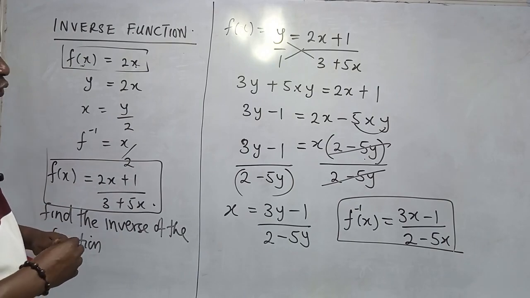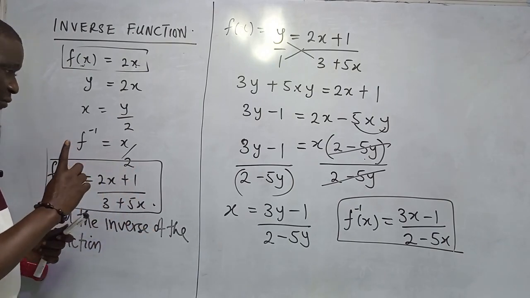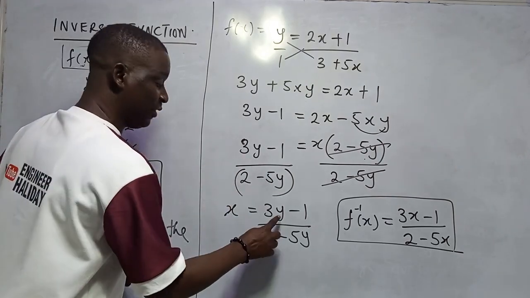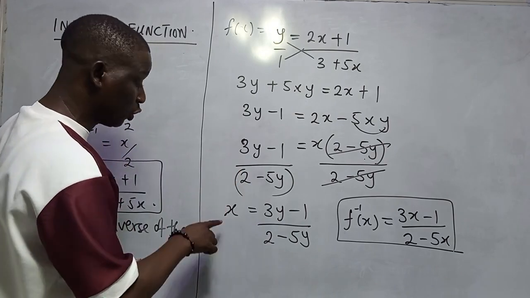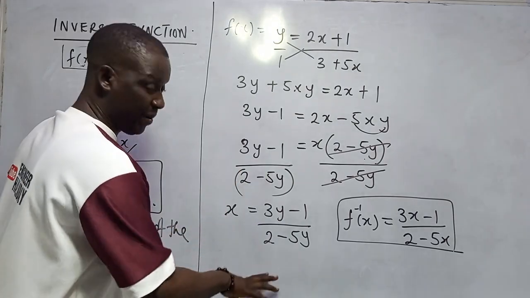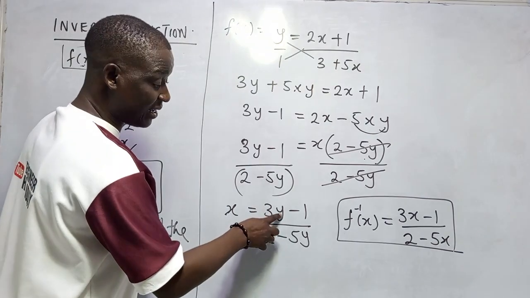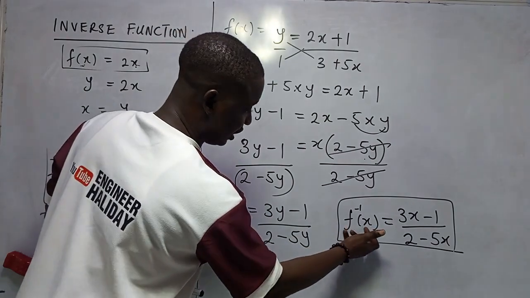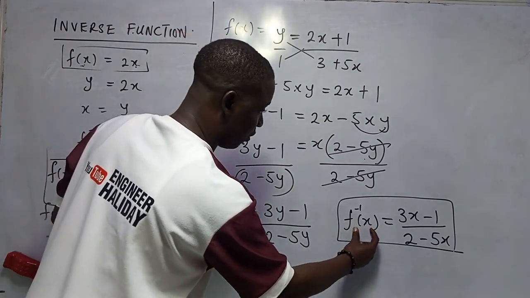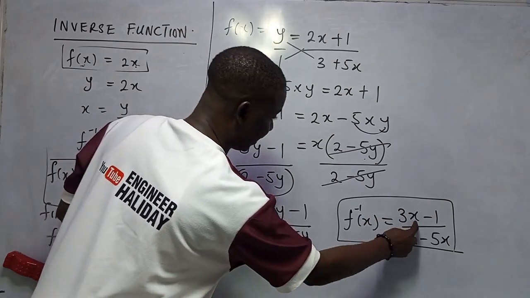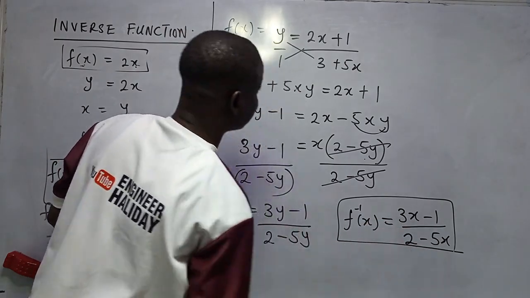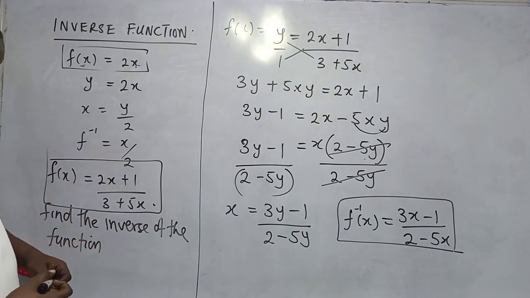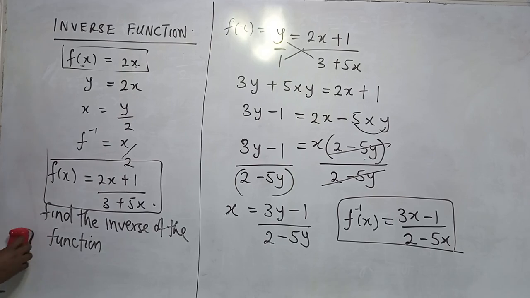What you have ended up doing is that you have made x now depend on y. So y is now the independent variable, and x is the dependent variable. So we have changed it. We now change this one to x. So that means we have inverted the function. We have taken the inverse of the function.